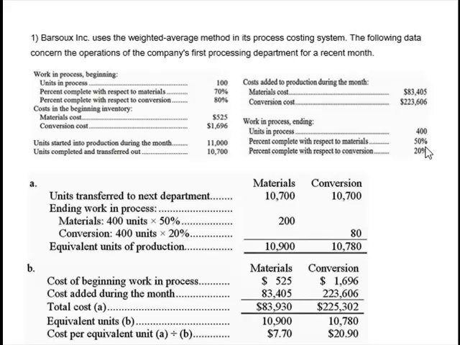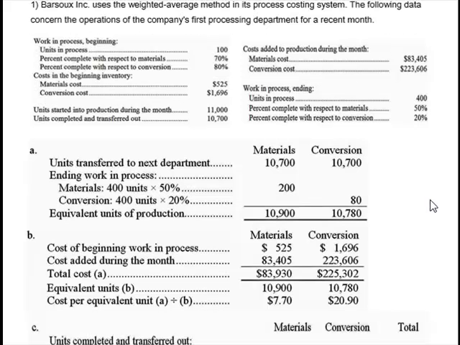So we need to multiply these percentages by the units in ending work in process to get the number of equivalent units. So there are 200 equivalent units with respect to materials and 80 with respect to conversion. So then when we add these numbers together, we get to our total equivalent units of production for the period with respect to each type of input.